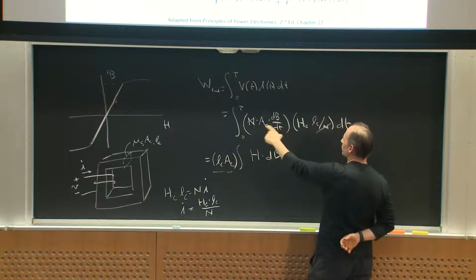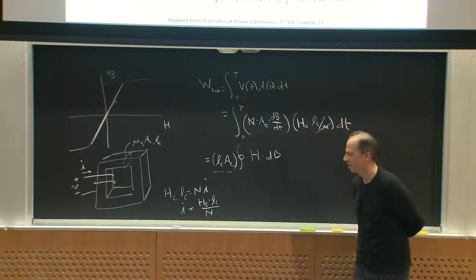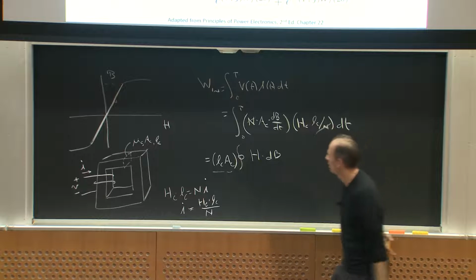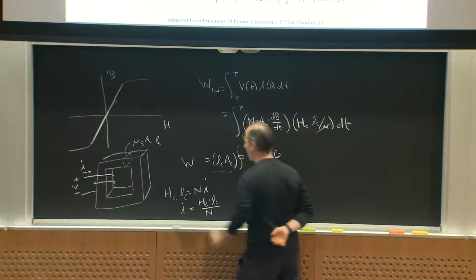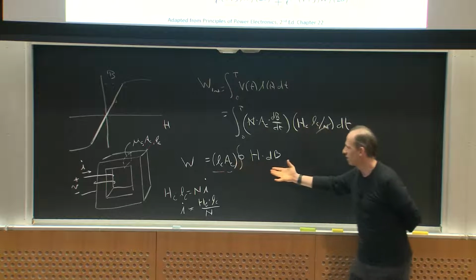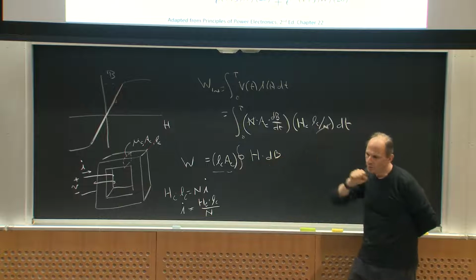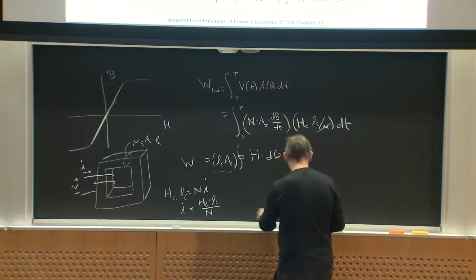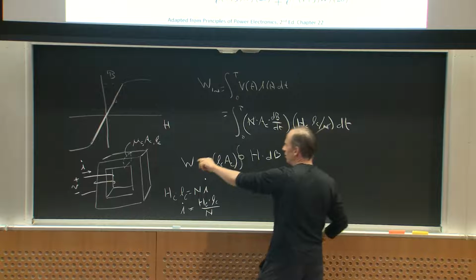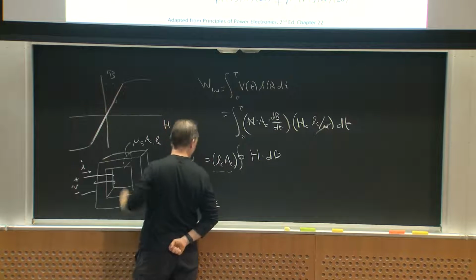And I'm going over a cycle, so presumably B is looping, so this is around a closed cycle, all right? So this is the energy I lose in going in cycling around. It's the integral of H dB in the core. And what we will see is that in a real core material, B and H don't quite go up and down proportional to one another the way this illustrates.